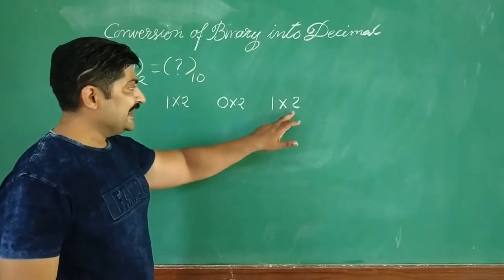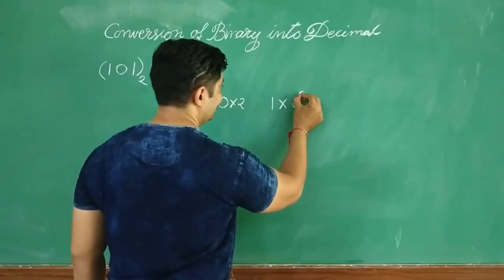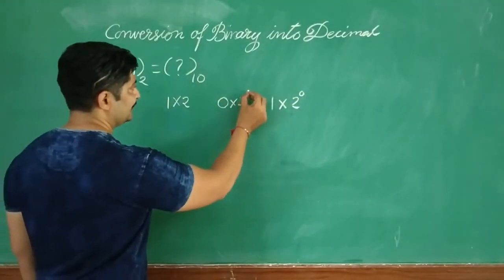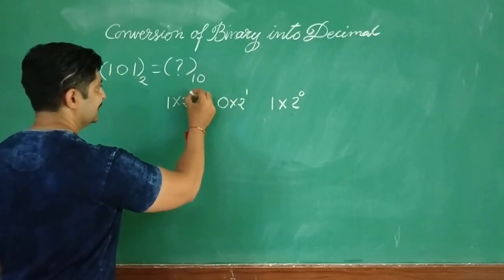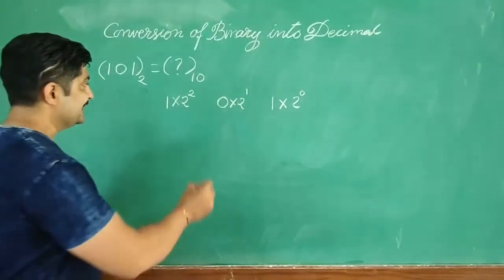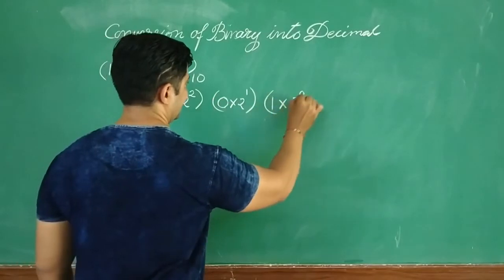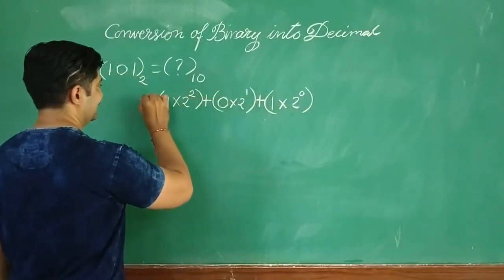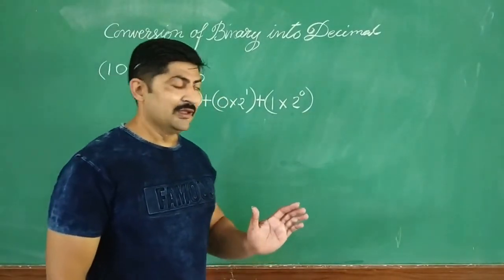Now, what is the weightage of 2 here? The weightage of 2 here is 2 raised to 0. While the weightage of 2 here is 2 raised to 1. And the weightage of 2 here is 2 raised to 2. Next thing is, I have to put the brackets here, and I have to put an addition sign in between. Remember this?